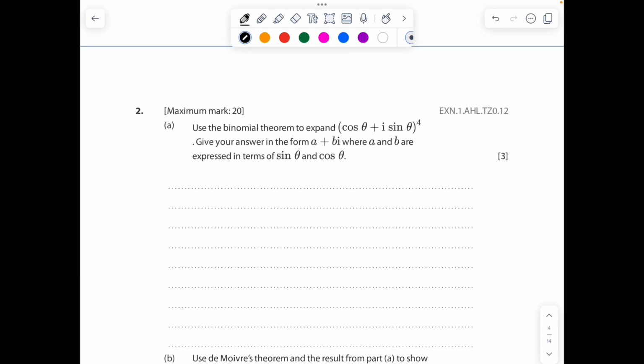Going to question number 2, which is a 20 marks question from the 2020 paper 1 2. Use the binomial theorem to expand cos theta plus i sin theta, the whole to the power of 4.